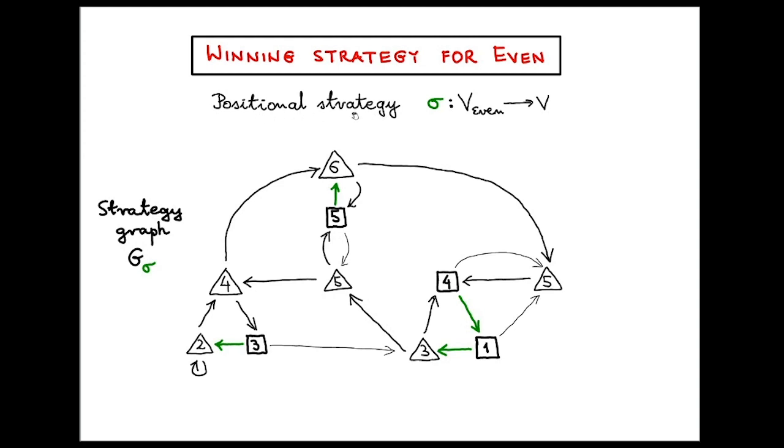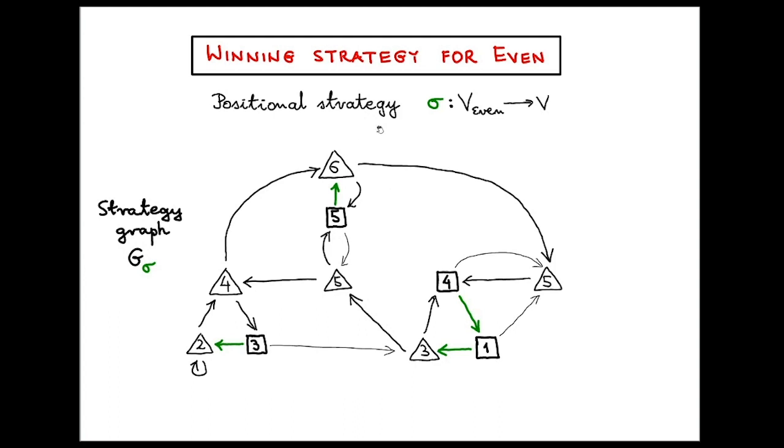Well, it means that in this strategy, the move that is picked by the player, which is an outgoing edge from the current vertex, is completely independent of how we have arrived to that vertex, what the history of the play so far is, where it has started, which vertices it has visited, in what order, and how many times. All of this is irrelevant. When you arrive at a vertex, a positional strategy will always tell you to follow the same edge.